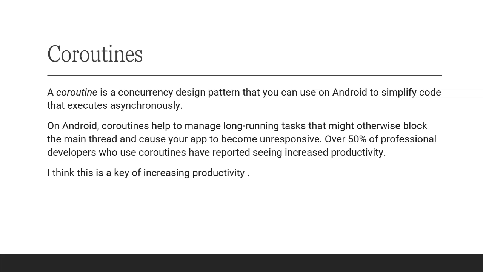And Android coroutines help to manage long-running tasks that might otherwise block the main thread and cause your app to become unresponsive. In my RxJava discussion, I already described how you can make asynchronous calls easily, and the same thing applies here. Over 50% of professional developers who use coroutines have reported increased productivity.